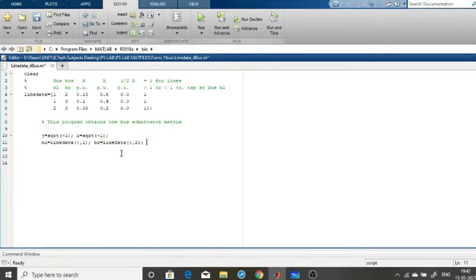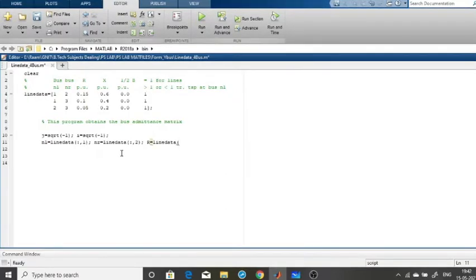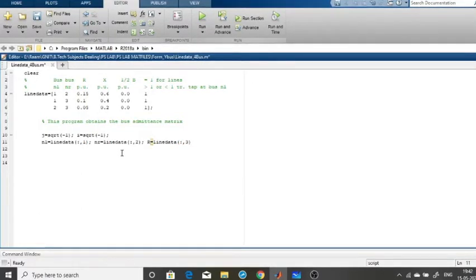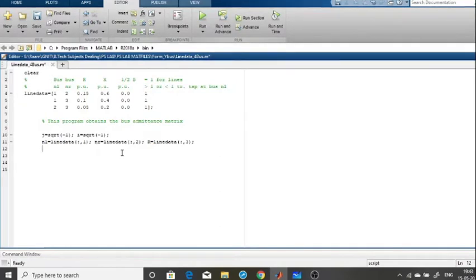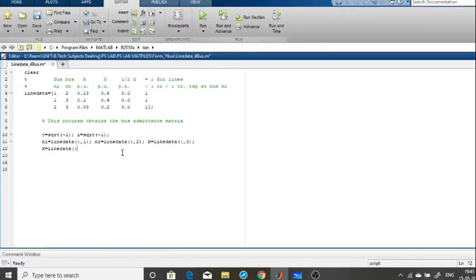Similarly, what is the resistance here? Capital R is equal to linedata colon comma 3. It indicates the third column of the line data is the resistance in per unit. If you want to write in capitals, you can; small letters you can also write. Next, reactance. How are we going to write down the reactance? X is equal to linedata colon comma 4, indicates the reactance.